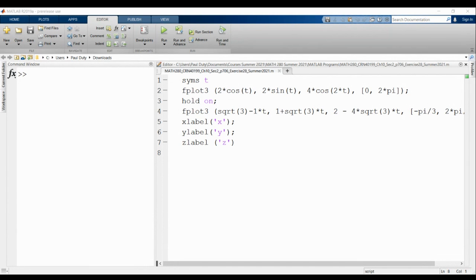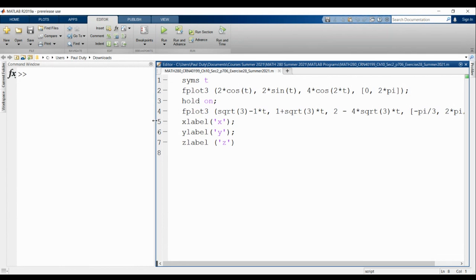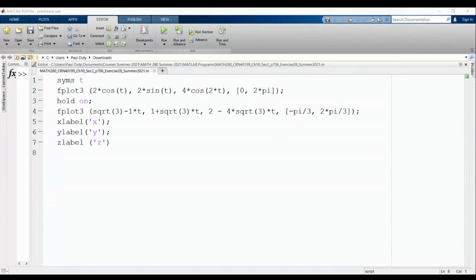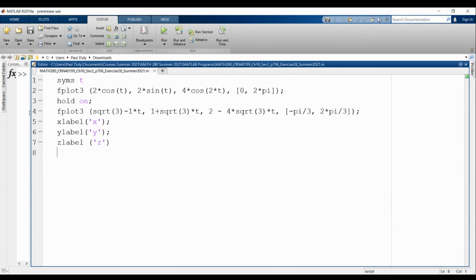Hold on means don't plot yet, I'm going to add another space curve to my graph. This is the code. And then I'm going to label X, Y, and Z also. It's kind of nice to label things. Label your axes. So, okay, that being said, let me go ahead here.